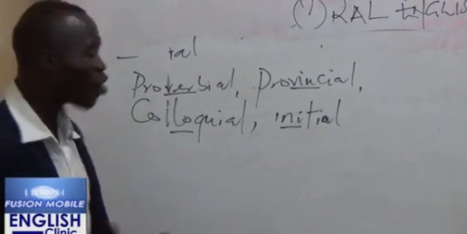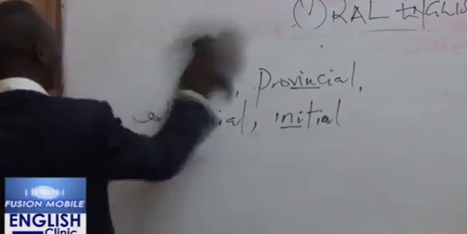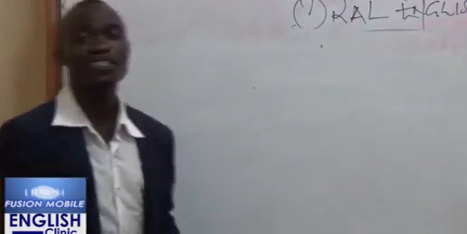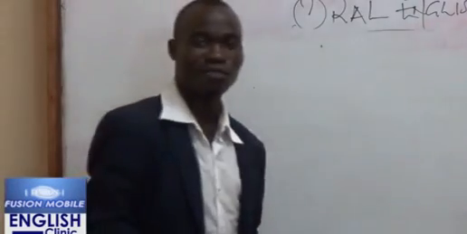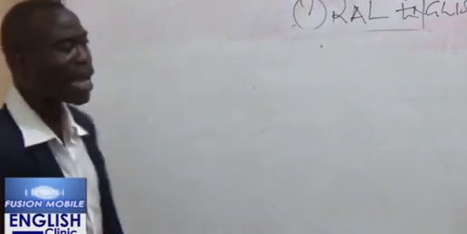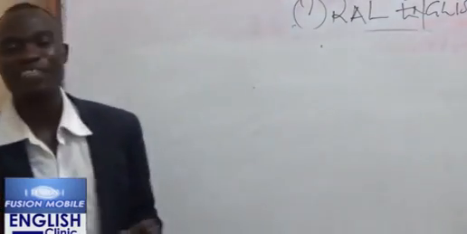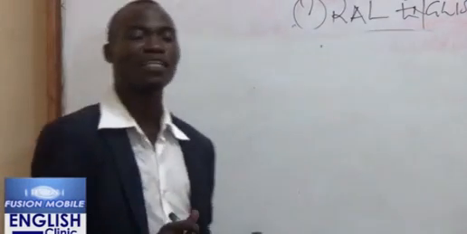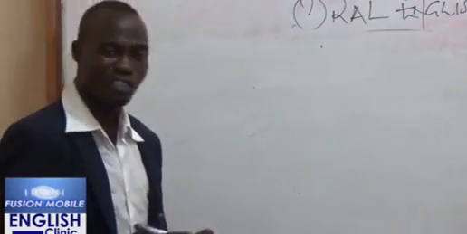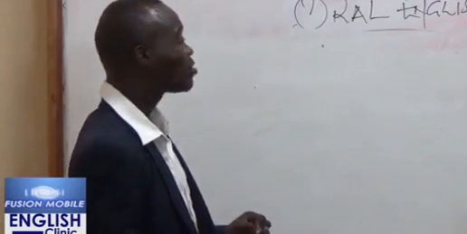Now quickly we go to rhyme. Rhyme is simply talking about words that have similar sounds. Now, we are not looking at the spelling. Some words may have the same or similar spellings, but they are pronounced differently.